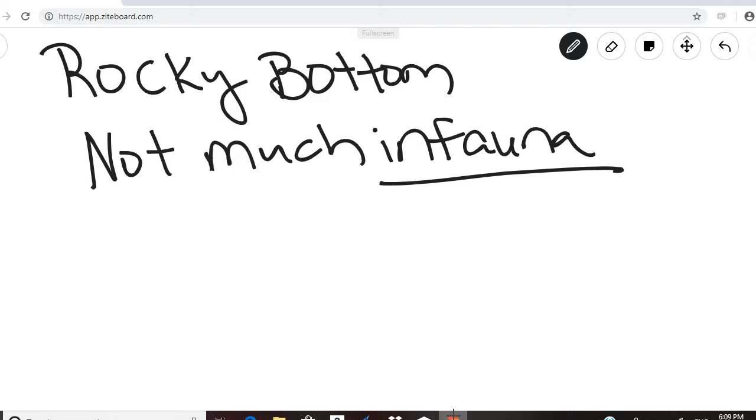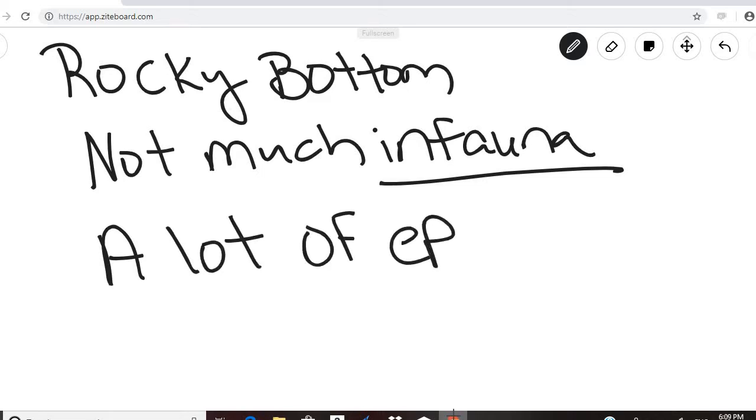So there's not much infauna. That means there is a lot of epifauna, things living above the rocky bottom, in the water above the rocky bottom, but not much living in the area itself.